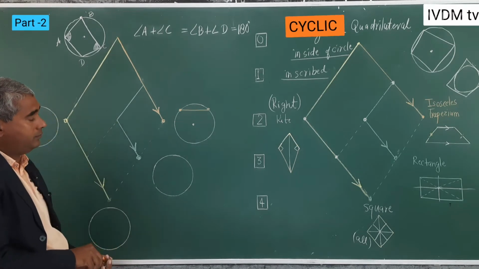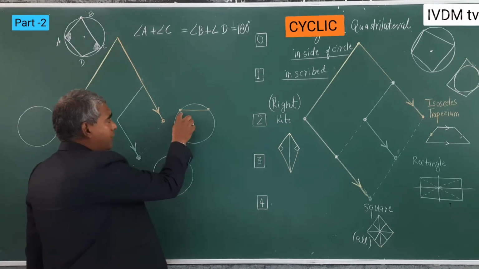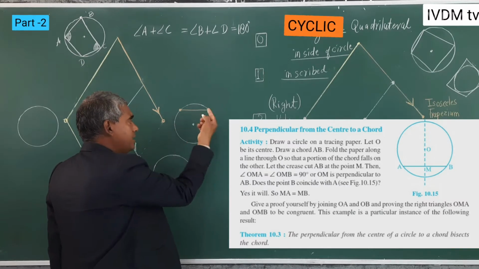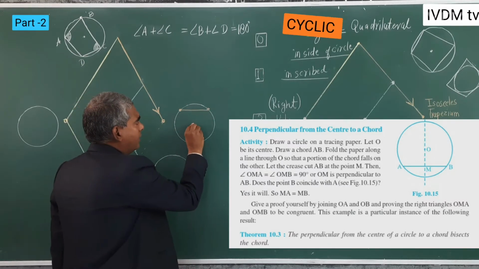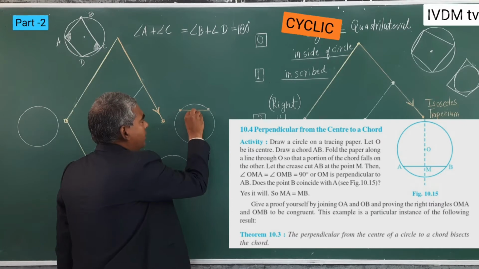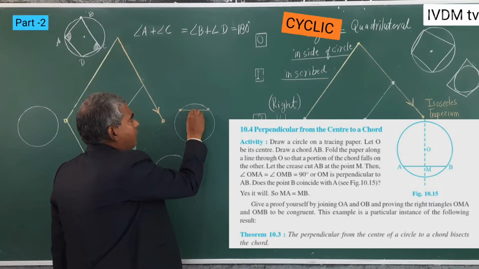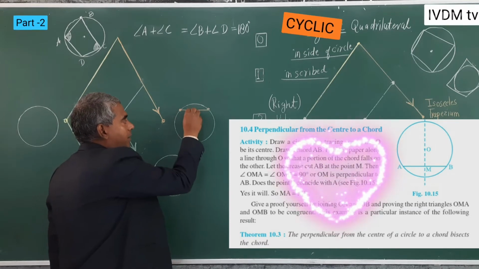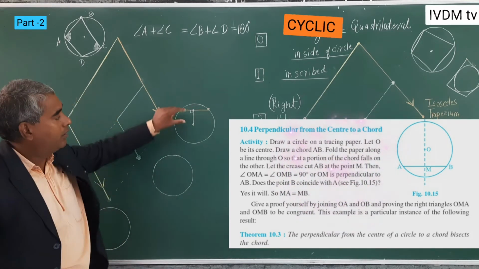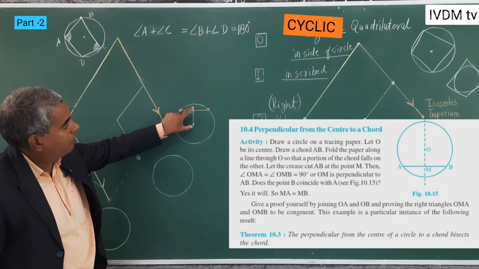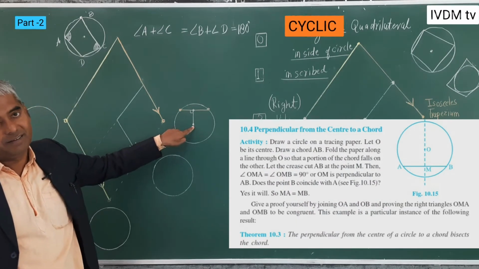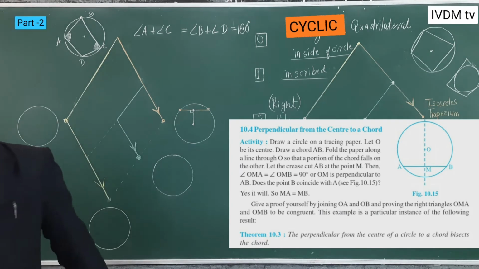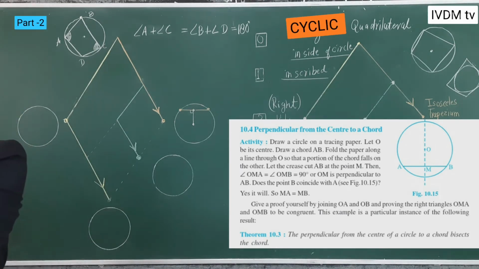So the first condition is there. This is called the length, and when you bisect it, as given in class 9th, it will be perpendicular, and it is called the distance of the chord from the center. This is given in your theorems.